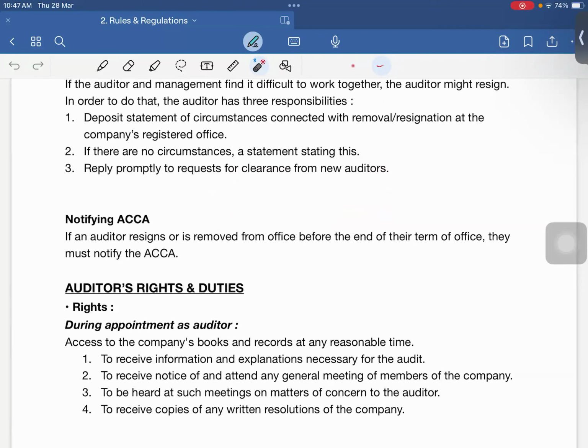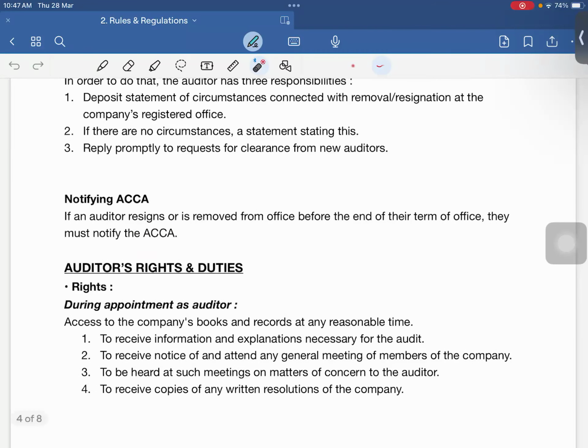So if the auditor is being removed towards the end of their term, maybe the engagement contract is for 2 to 3 years. That means the 3 years the auditor is going to work there. But he is unexpectedly removed or he is unexpectedly resigning from there, then he is supposed to notify the ACCA regarding that. Understood?